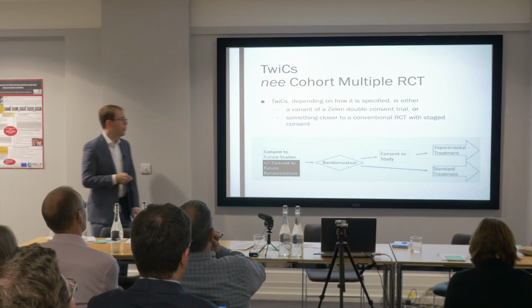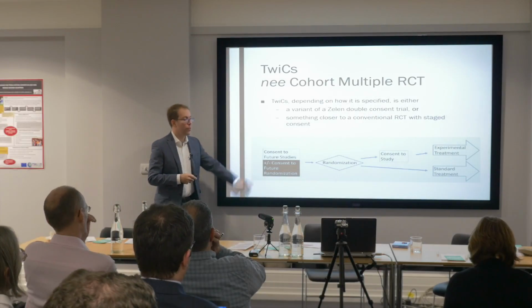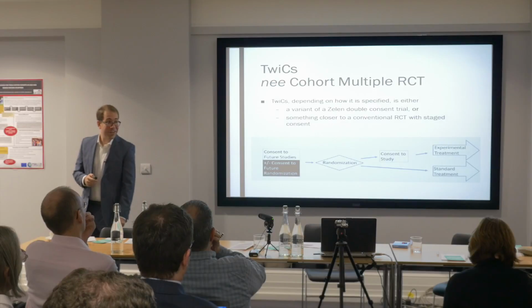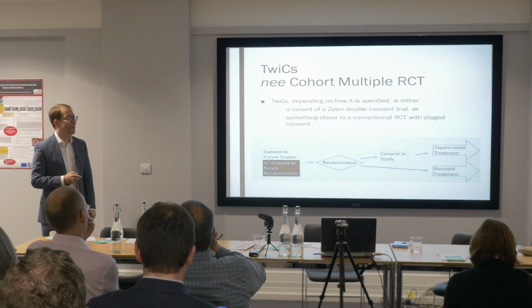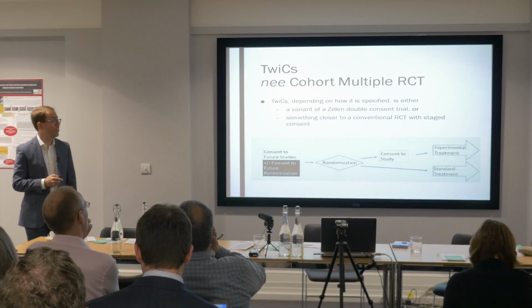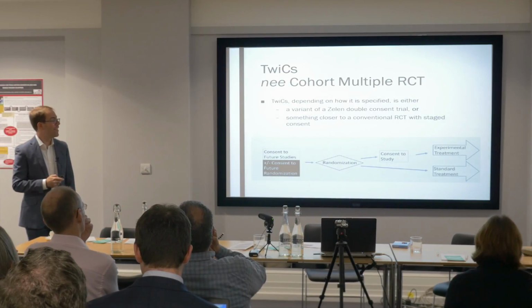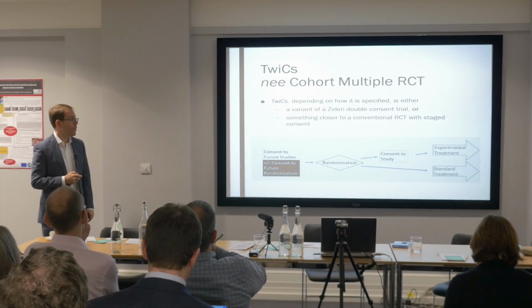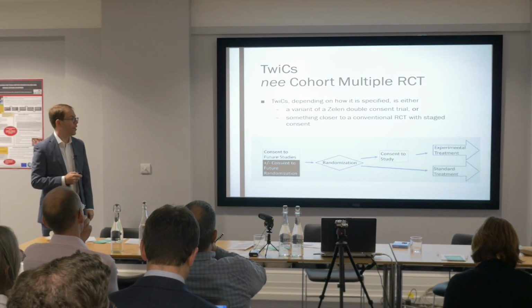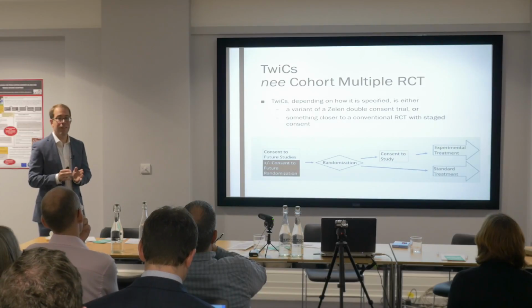Then if you do include a consent to future randomization up front, actually I had one dark night of the soul over whether I got to include TwiCs in my review, because that would put it outside my formal definition of randomization without consent. Fortunately, I did decide I was able to keep it. But if you include the consent to future randomization, TwiCs becomes something of an edge case.